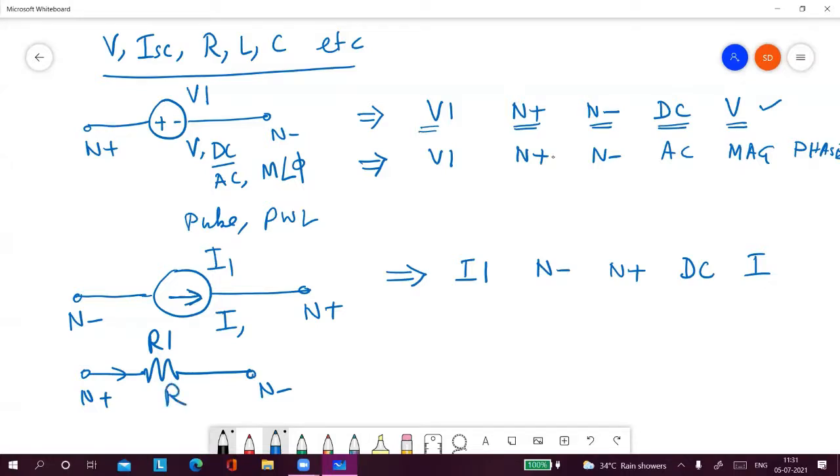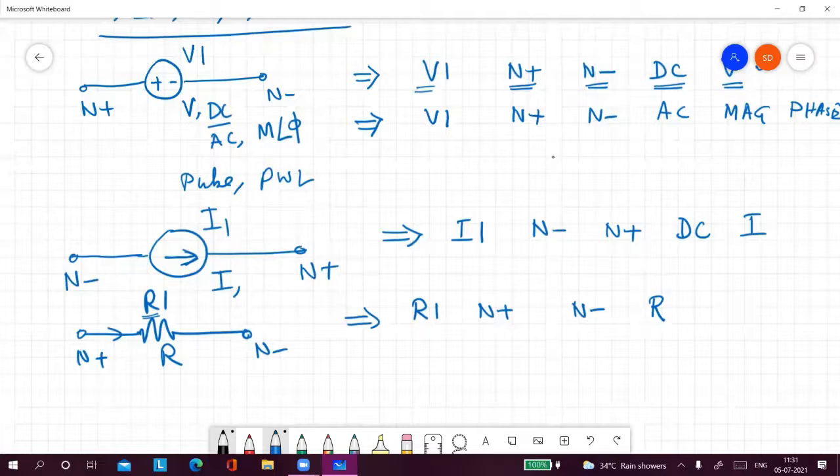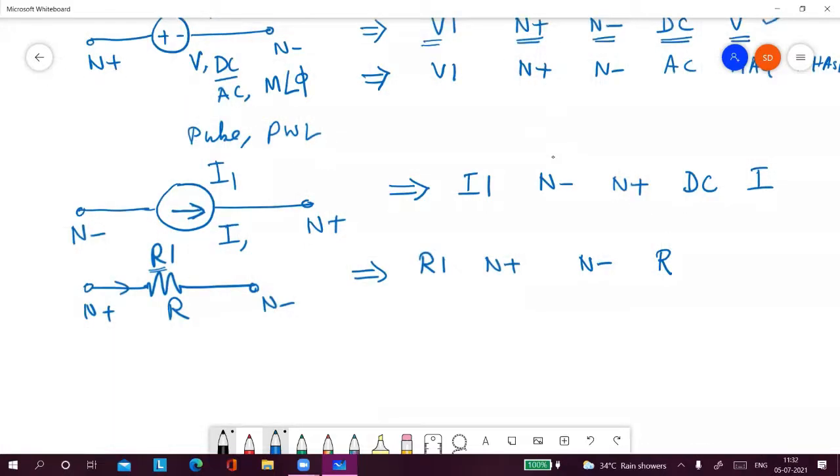Let the value of the resistance be R. Now the SPICE statement for resistance is R1 n plus n minus, then the value, which is R. Please remember, for resistance we will use R. R means the resistance. R1, R2, R3 will be the names of the different resistances in the circuit.